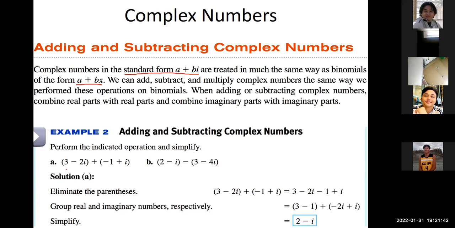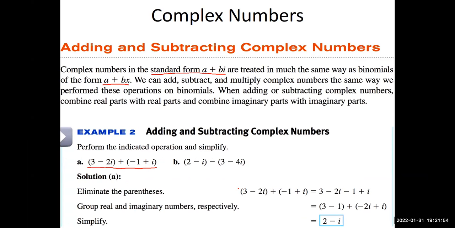Okay? So let's start with 3 minus 2i, okay, plus negative 1 plus i. Okay? So let's write the equations. We have the quantity 3 minus 2i plus quantity negative 1 plus i.